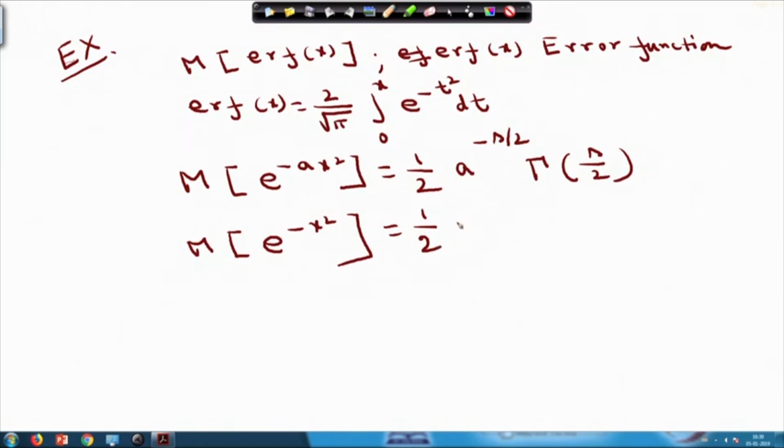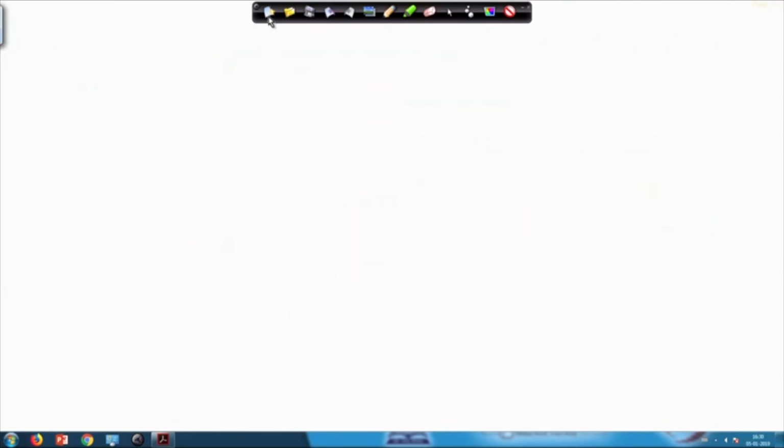This equals half into gamma s by 2, here your a is equal to 1, and this equals f s. So, therefore, Mellin transform of e power minus x square equals half into gamma s by 2, which is equal to f s.